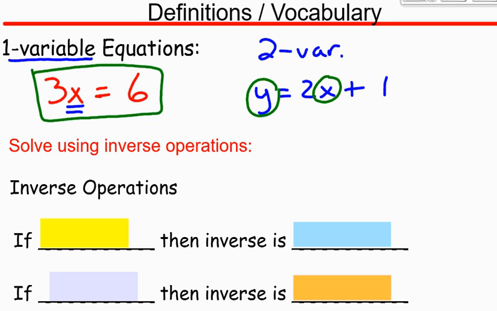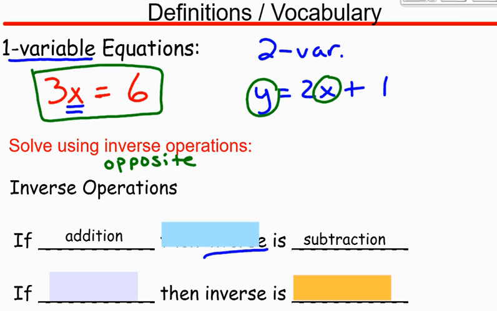You're going to solve using inverse operations. Inverse means opposite. Okay, so inverse operations, for example, if I am doing addition, then the inverse or opposite of addition is, you probably guessed it, subtraction.